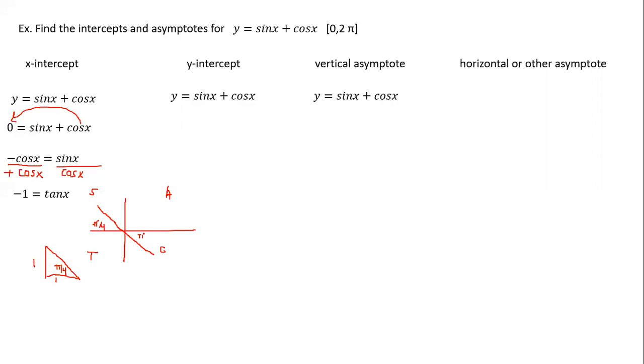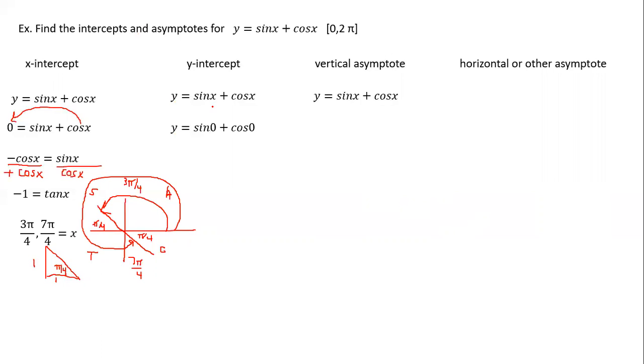So reference angle, angle between terminal arm and closest x-axis. And then this angle is 3 pi over 4. And if you go all the way around, that would give us 7 pi over 4. So x-intercepts of pi over 4 and 7 pi over 4.